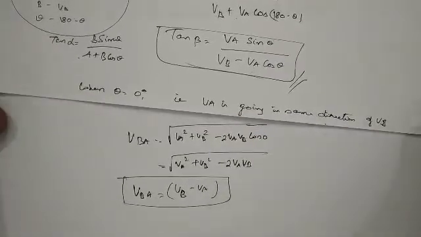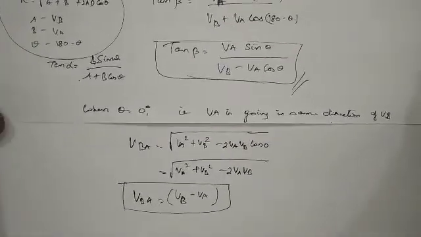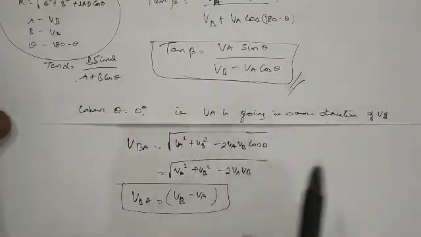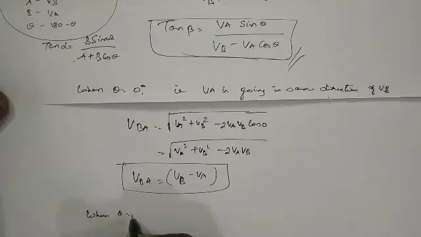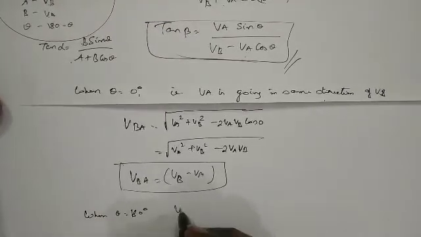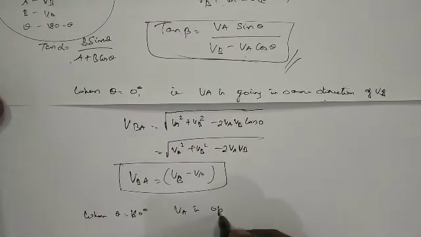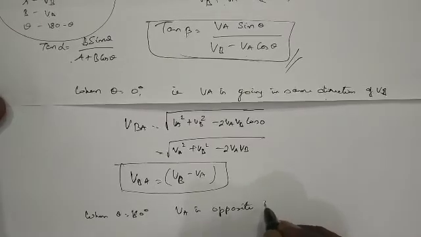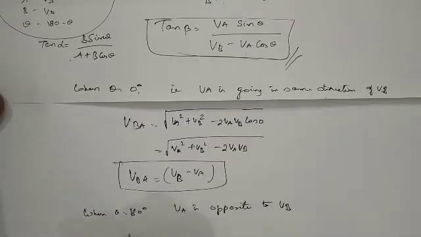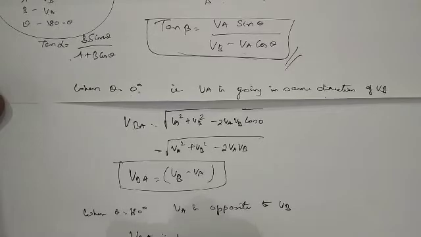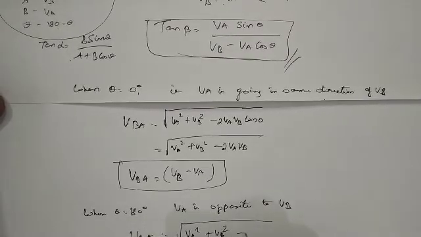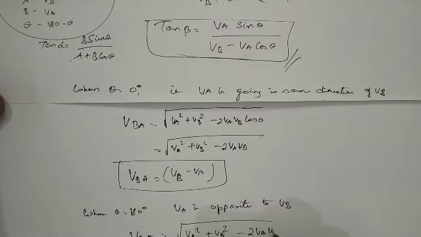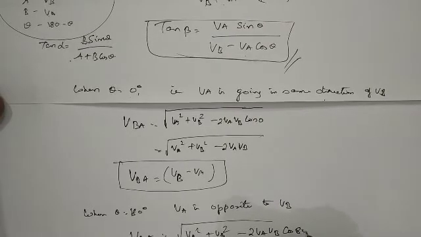Alright, so the next part is when theta is going to be equal to 180 degrees. When theta is equal to 180 degrees, VA is opposite to VB. So VBA is equal to under root of VA square plus VB square minus 2 VA VB cos 180.